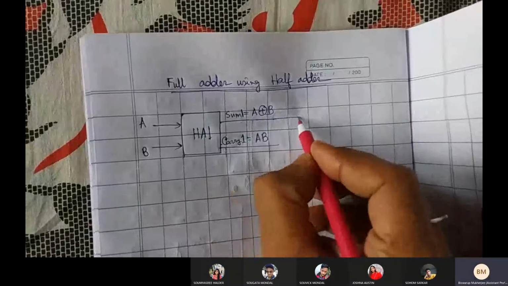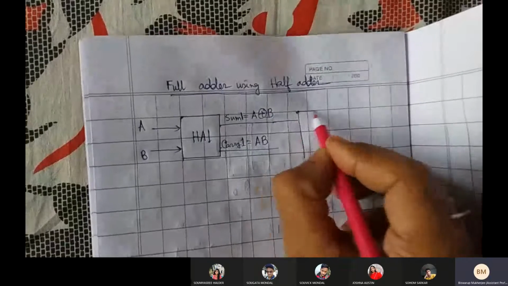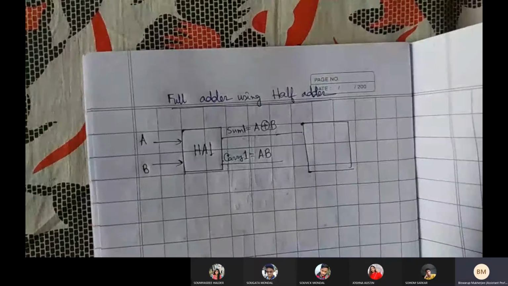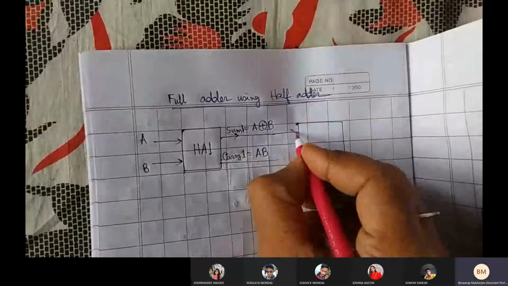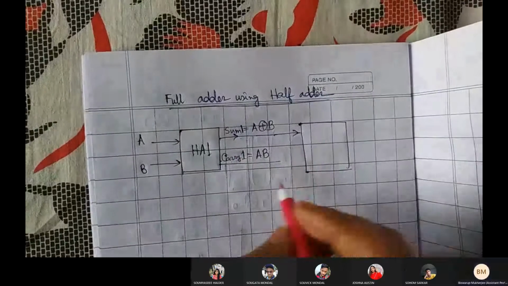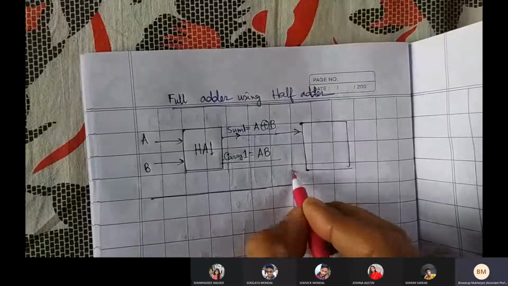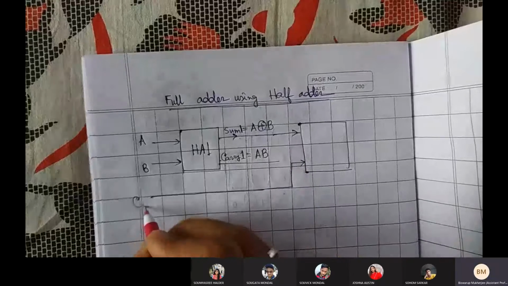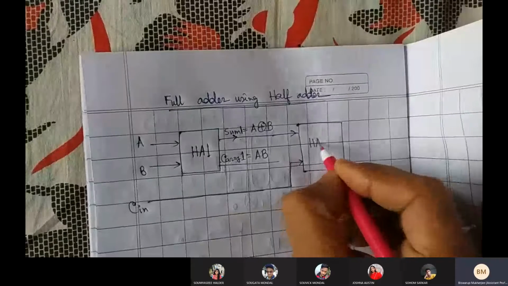Now let us provide sum one as the input for the next half adder. Sum one, which came out, I am providing as an input to the next half adder, and the second input is C in. So this is half adder 2.